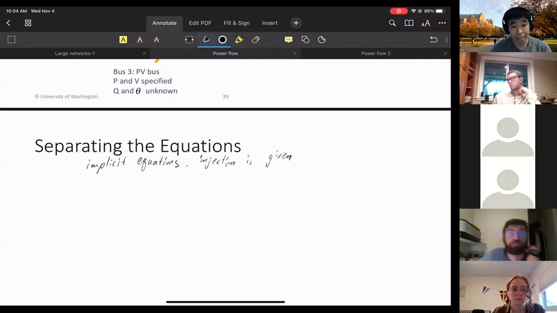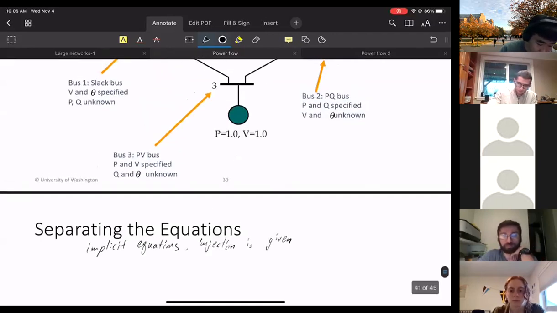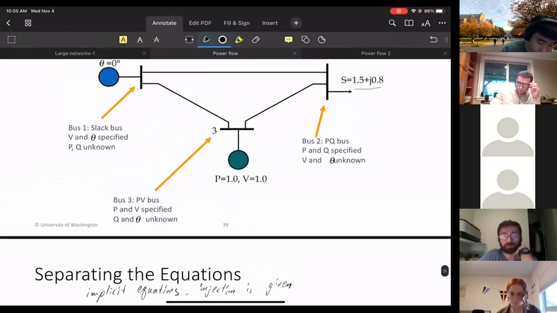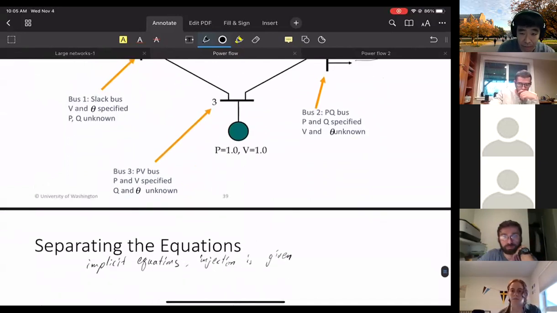It's called implicit equation because I fix the injection, but I don't know V and theta. So V and theta are determined implicitly from the injections. So here the implicit equations are where injections are given as P3, P2, and Q2, right? These are the places where the power injections are given to us.